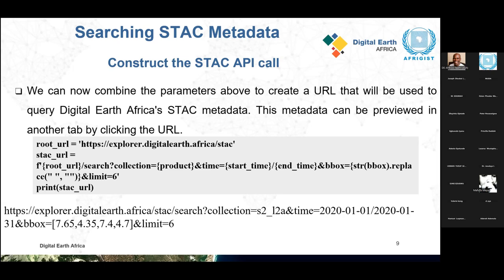And we ask the system to print the stac_url. What you have below is the HTTPS Digital Earth Africa STAC search collection, which is Sentinel-2 L2A. The time period, you have the beginning and the end time, 2020 January 1st and 2020 January 31st, and the coordinates of the study area.